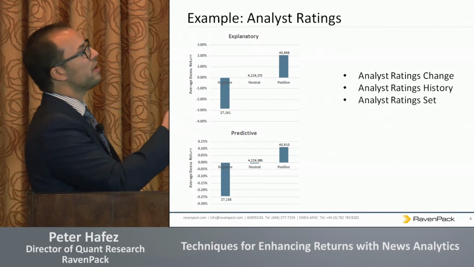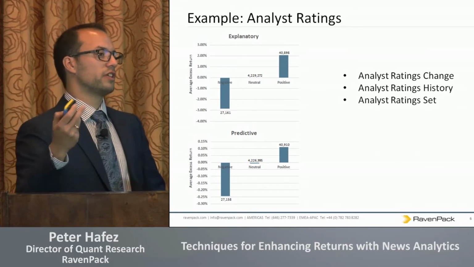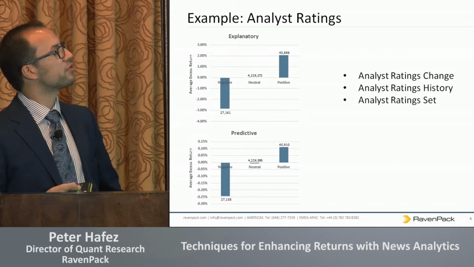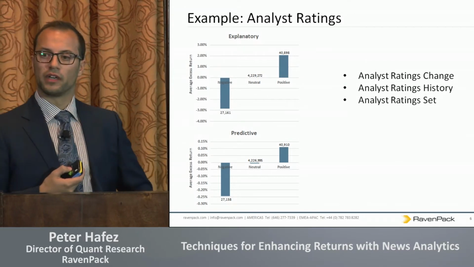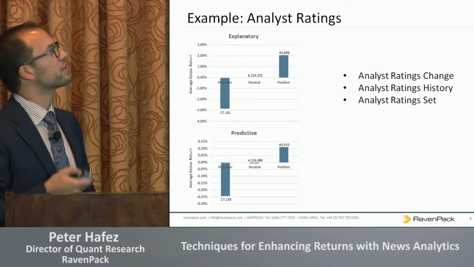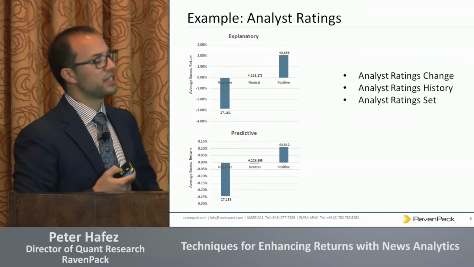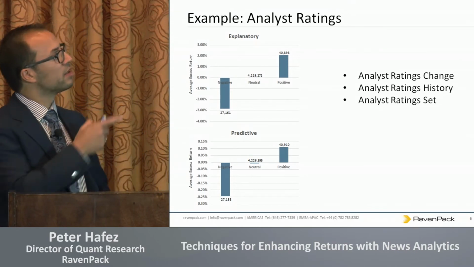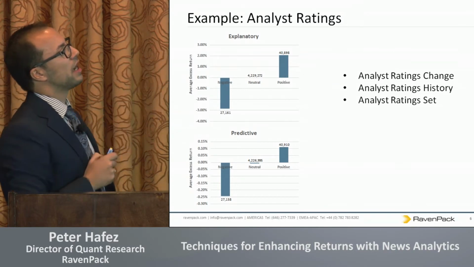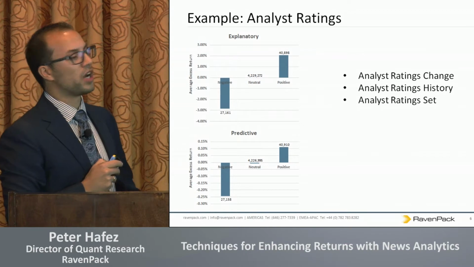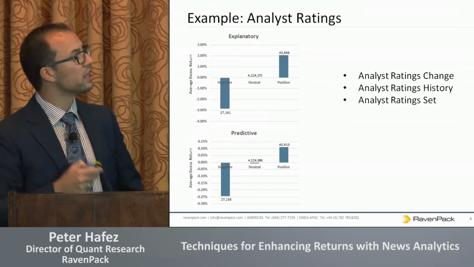So as you can see here, companies that are generally considered as having positive analyst ratings do outperform on an explanatory scale. And companies with negative analyst ratings typically underperform. If you look at the predictive return, you still see an outperformance for positive sentiment stocks in the next day.